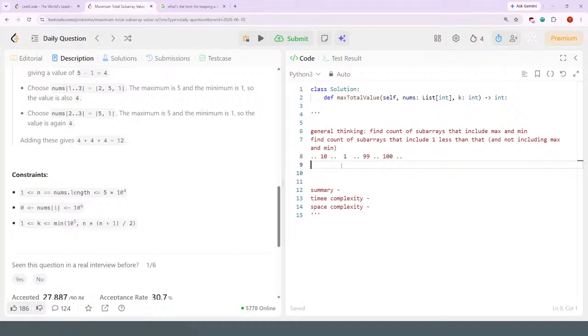I think that might be O of n squared, because I might be needing to compare every high versus every low. So it'd be 100 versus the 1.